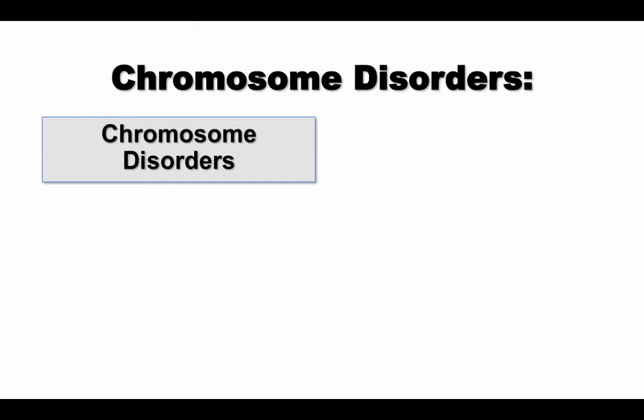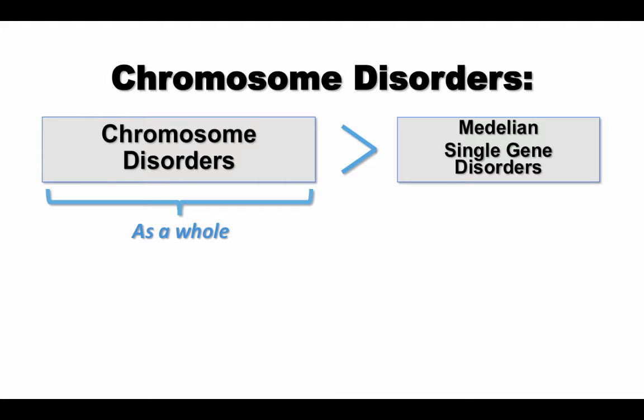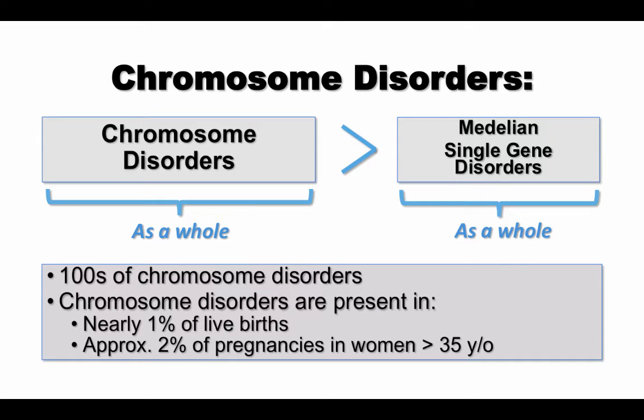As a whole, chromosome disorders far outnumber single gene disorders, which many of you are actually researching for your application paper topic. In fact, there are hundreds of chromosome disorders. They are present in nearly 1% of live births and about 2% of pregnancies of women older than 35 who undergo prenatal diagnosis.